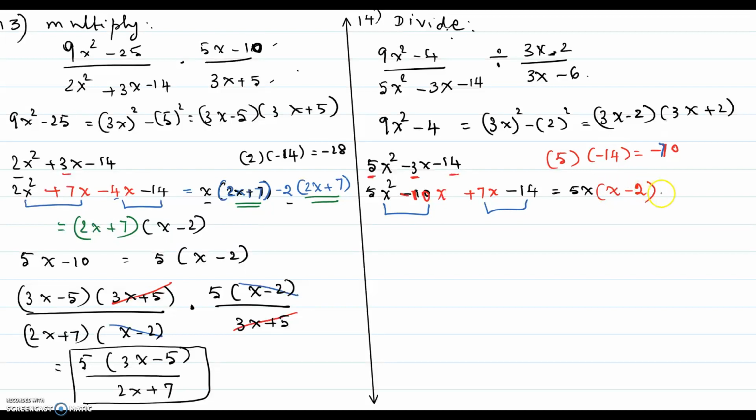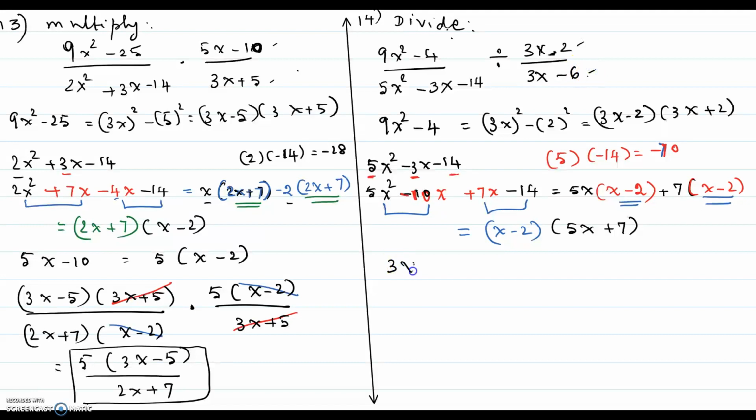In the second two, 7 is common, and inside the parentheses, we need to write x − 2. So in these two terms, x − 2 is the common factor, which can be pulled out, times (5x + 7). Now 3x − 2 on the numerator cannot be factored any further.